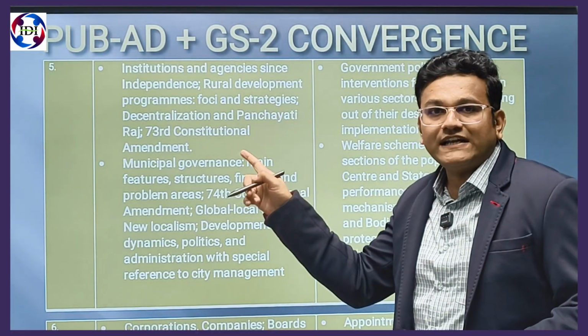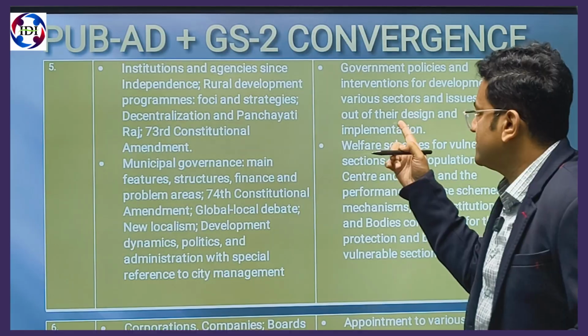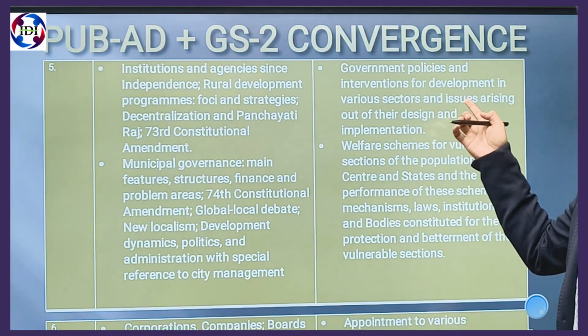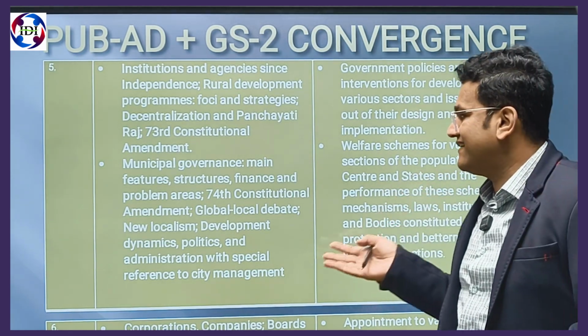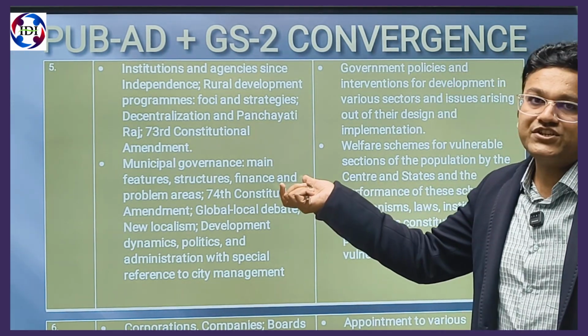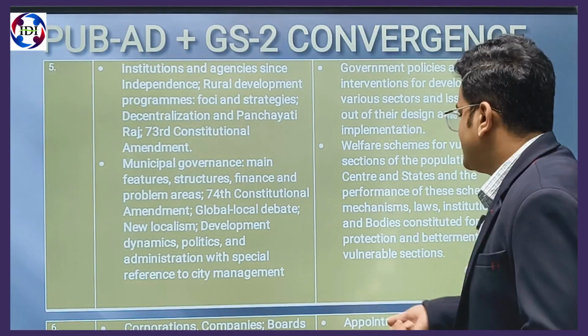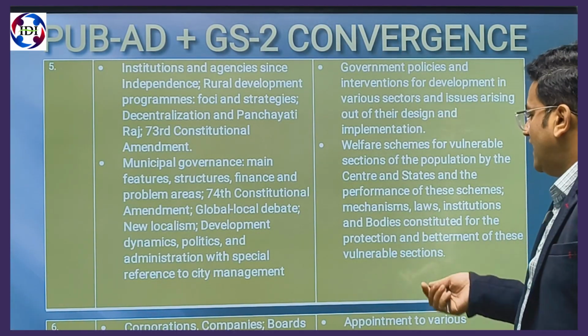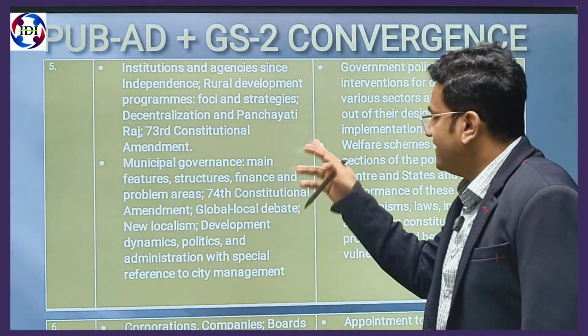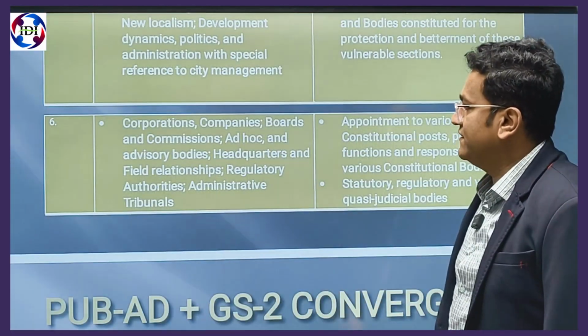So rural development policies and urban development policies are also asked in the UPSC indirectly. Welfare schemes. So welfare schemes are there under the jurisdiction of PRIs as well as municipalities, and here welfare schemes by the center and the states and various bodies for them. Okay? So similar syllabus again.